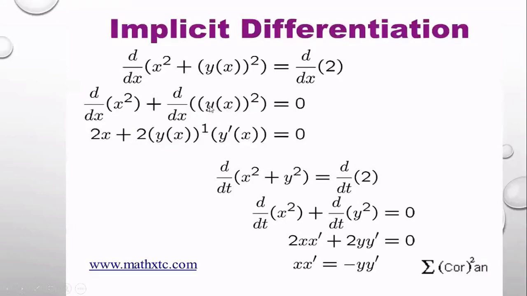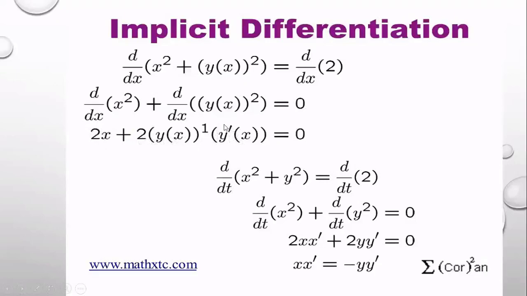Differentiate the y function, then y dash x, and here is a number, so 0. Can you understand? Here 2x, here this power function 2 comes, y of x to the power 1 into the chain rule y dash x. So this y dash x. Here you see y of x. We want y dash x.